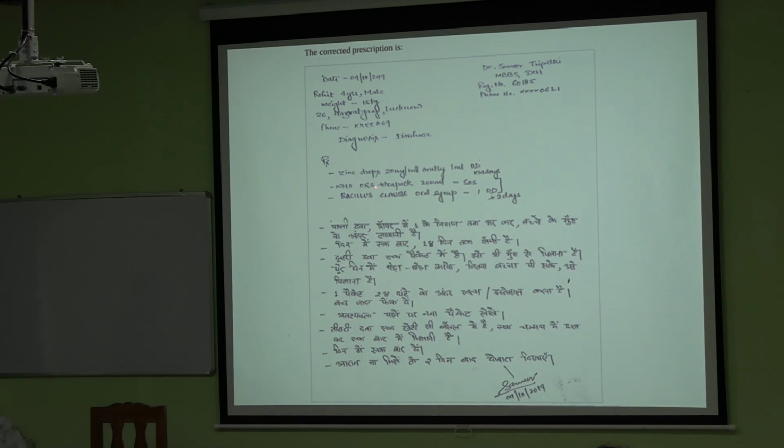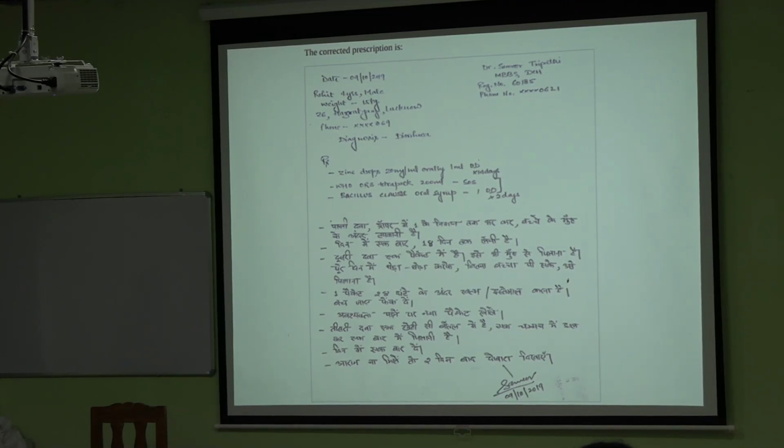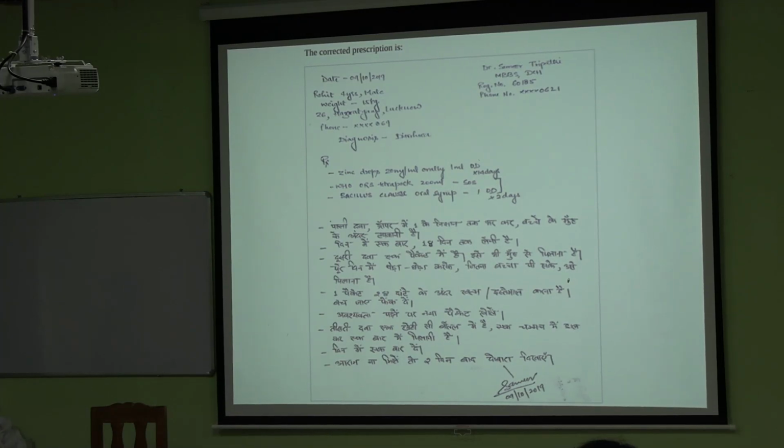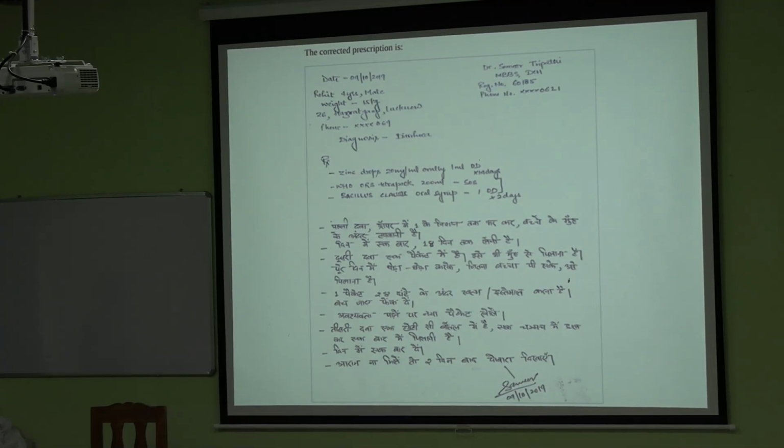Zinc drops 20 mg per ml. It should be 20 mg per 5 ml. Can you identify the mistake here? 20 mg per ml is written. Then 1 ml OD.